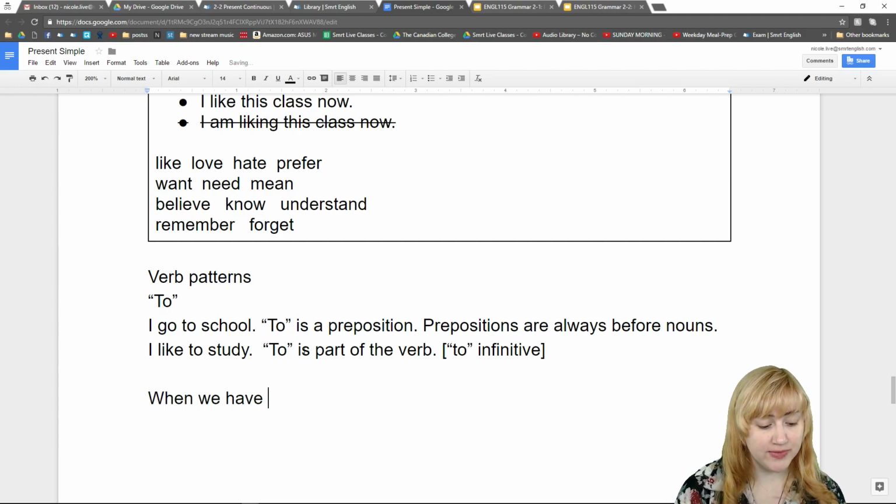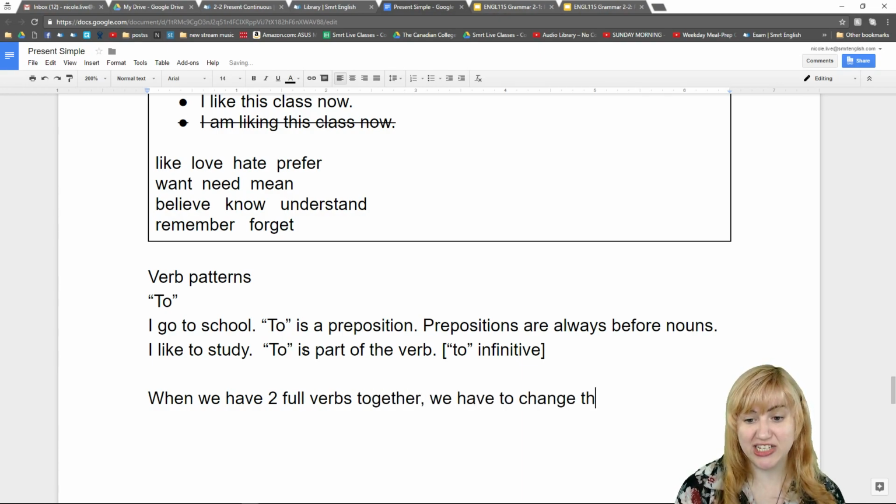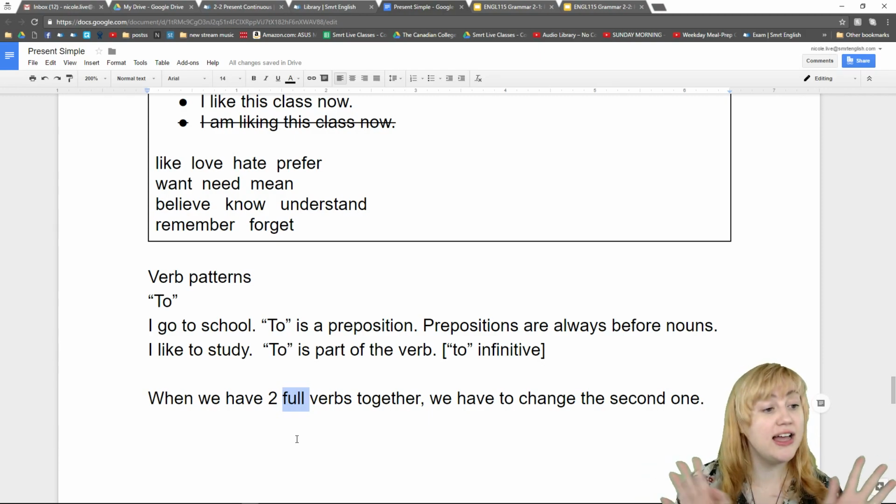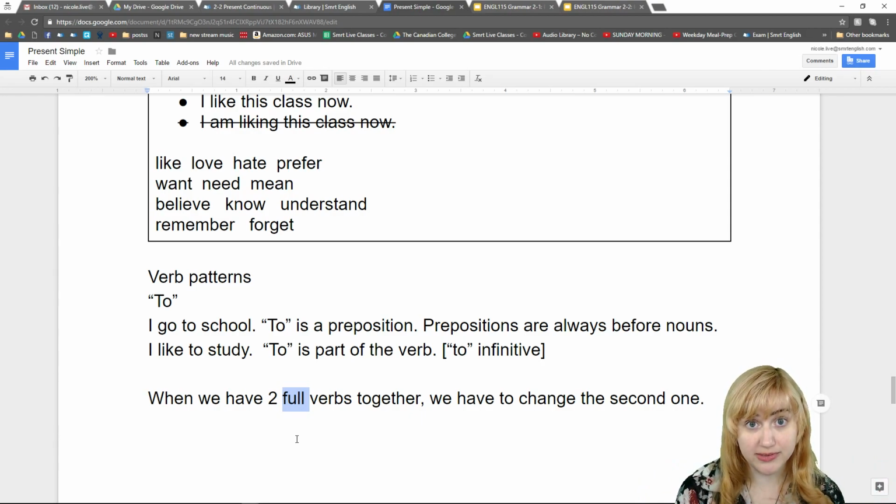When we have two full verbs together, we have to change the second one. And I'll write some examples and I'll explain more in just a moment. But first I want to explain full verb. When I say full verb, I mean not auxiliary verb. I'm not talking about auxiliary verbs.